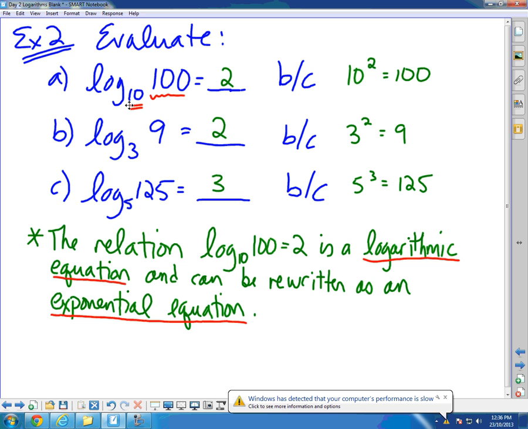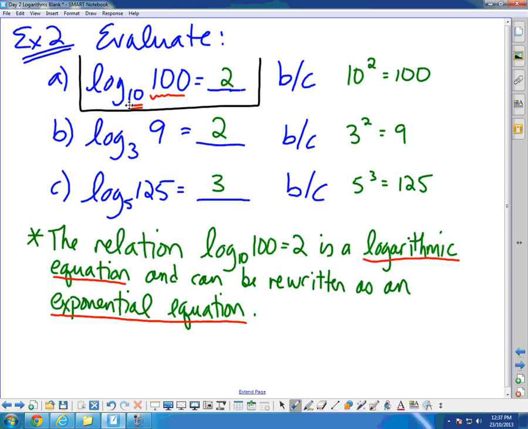So naturally, there's a balance between logarithmic equations and exponential equations. What you'll see here is this is the logarithmic equation, and this is the corresponding exponential equation. Because we have experience in dealing with exponential equations, often we'll be converting from logarithmic to exponential.